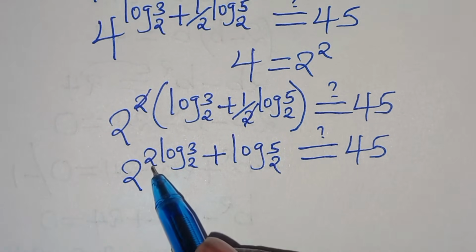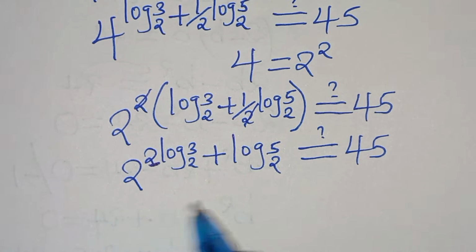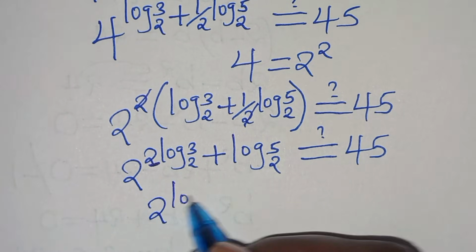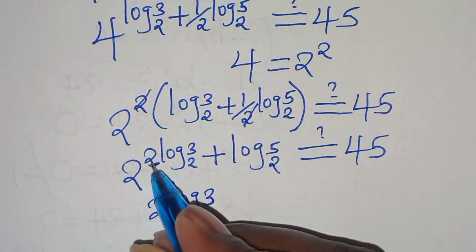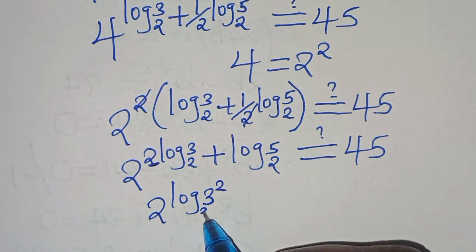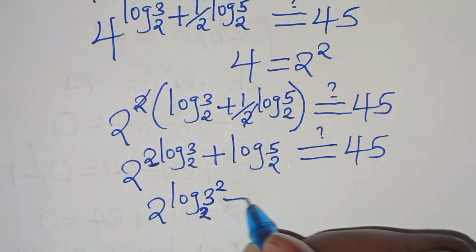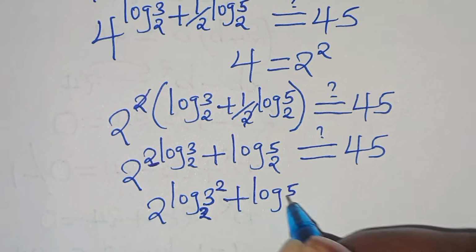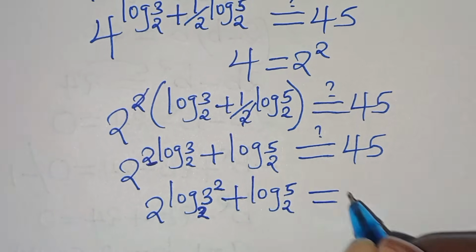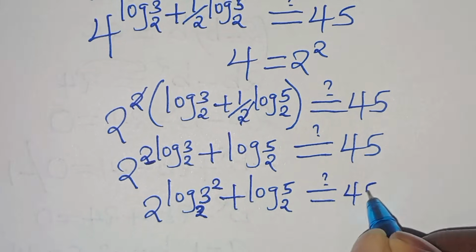Now 2 to the power of 2 is a power here. We can express this as 2 to the power of log 3 to the power of 2, to base 2, plus log 5 to base 2. This should give us a value of 45.